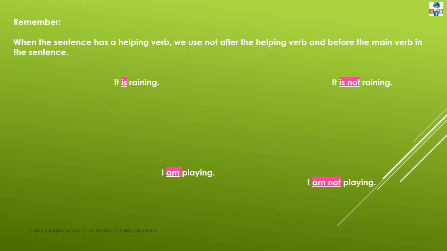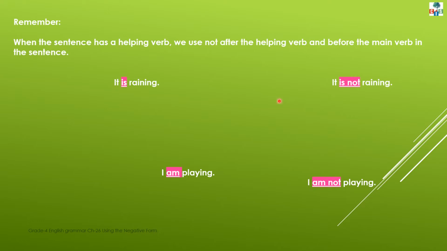Is, am, are, was, were, shall, should, can, could, etc. All of these are helping verbs. Whenever there is a helping verb in a sentence, we use not after the helping verb and before the main verb in the sentence to change a positive sentence into a negative sentence.